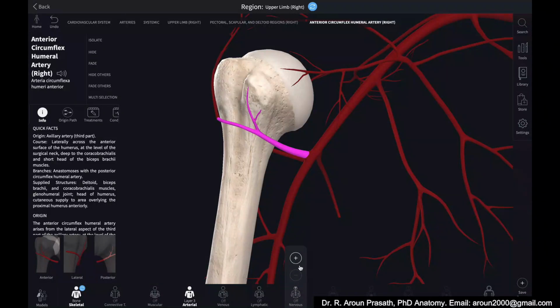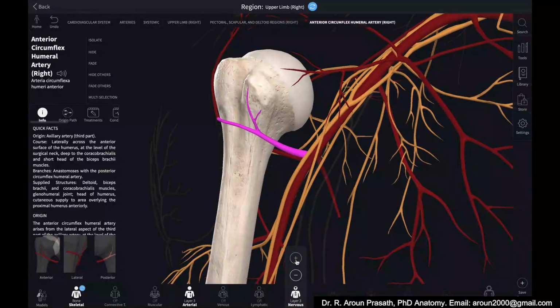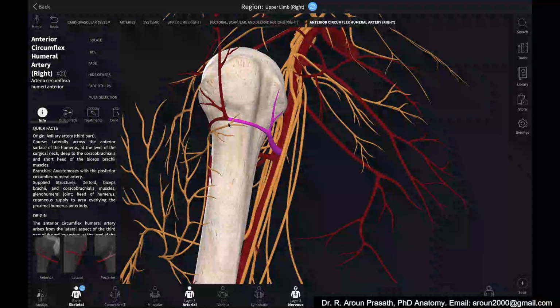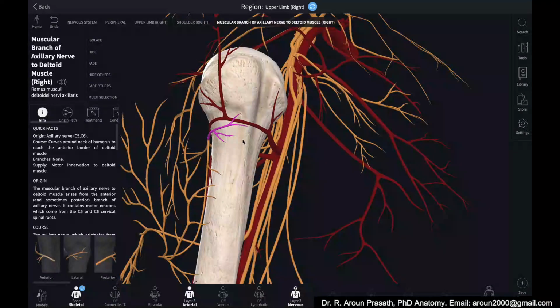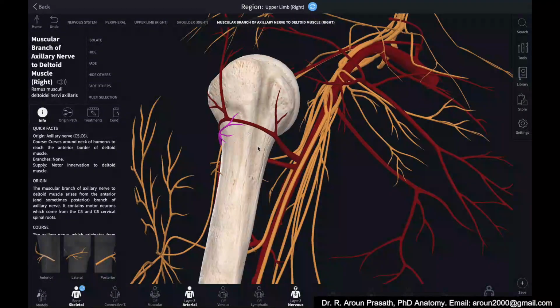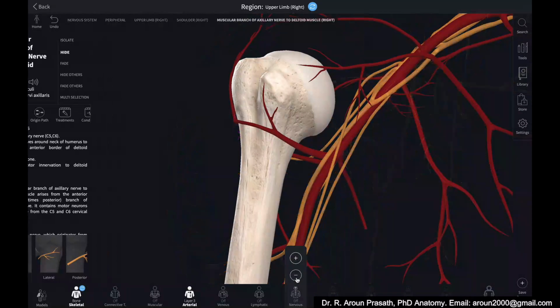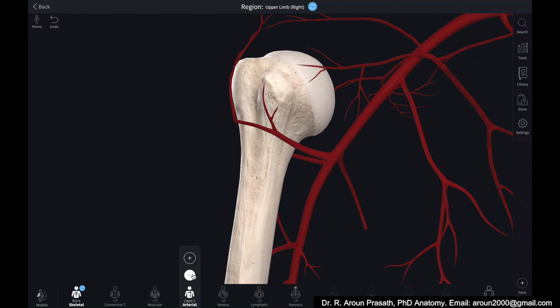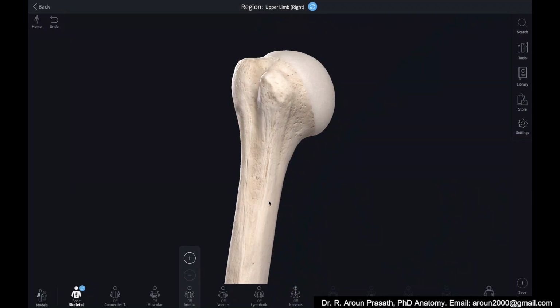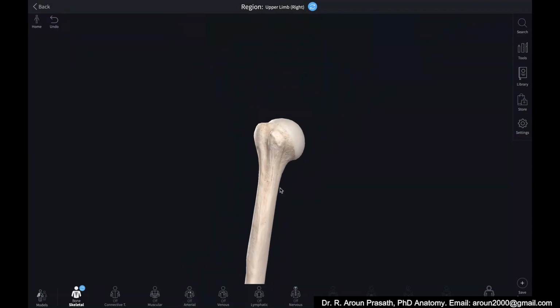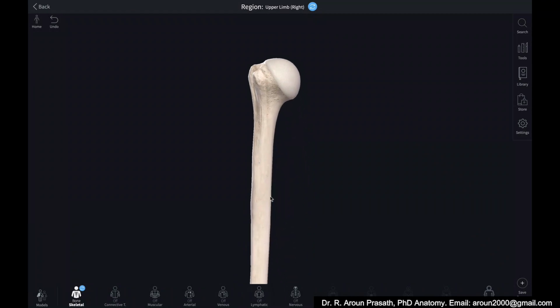These are the two structures present at the surgical neck. So you have to take care when you are giving an intramuscular injection in the deltoid region.